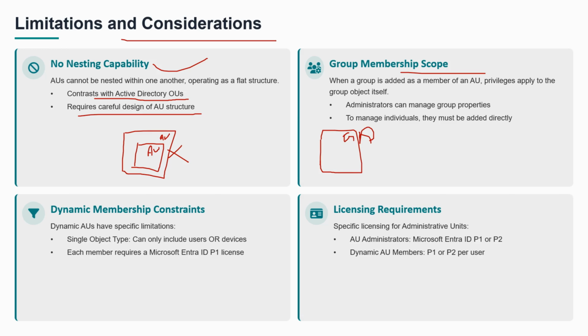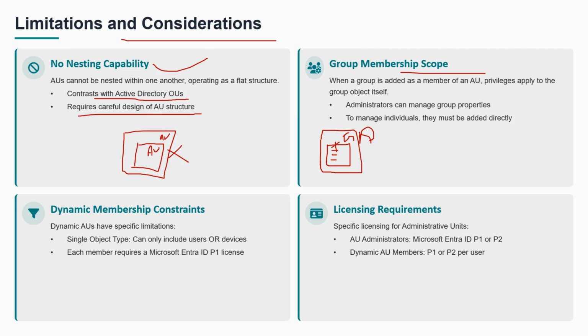He can only manage the groups that are added in this AU, not the users. He cannot add users, he cannot remove users. He can only manage the groups, as he doesn't have user administrator.